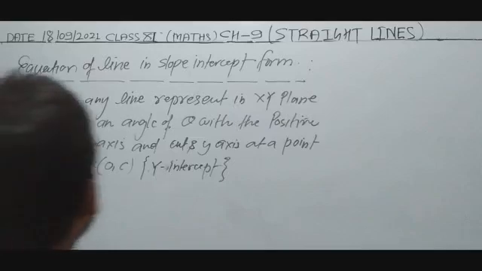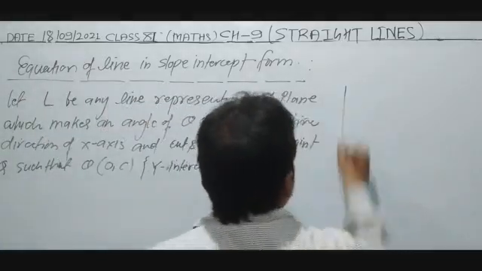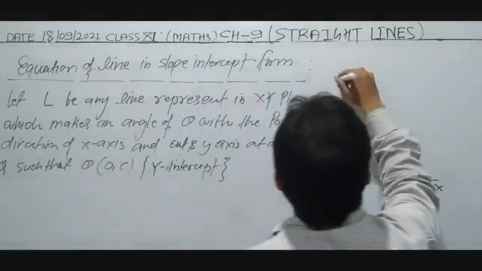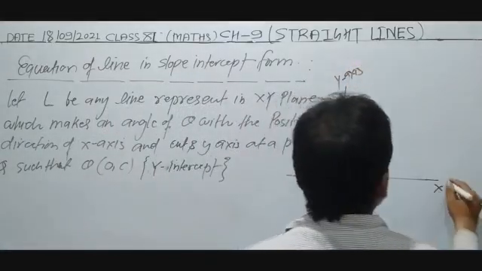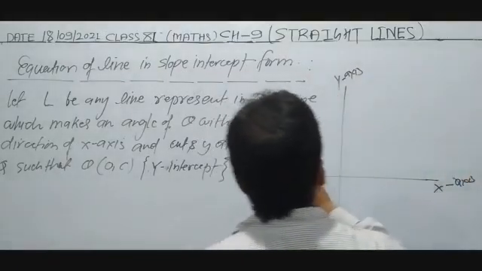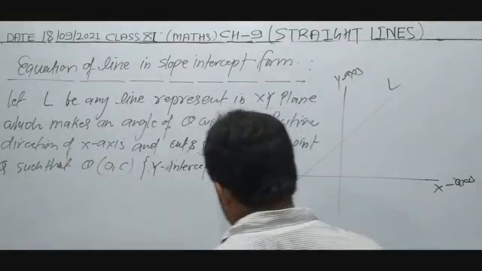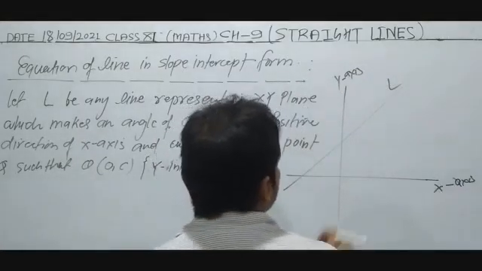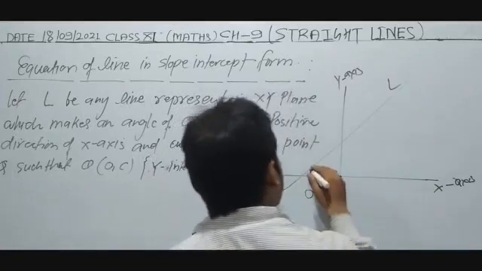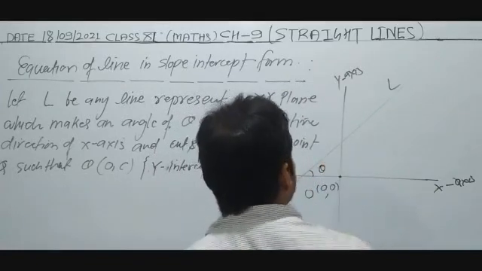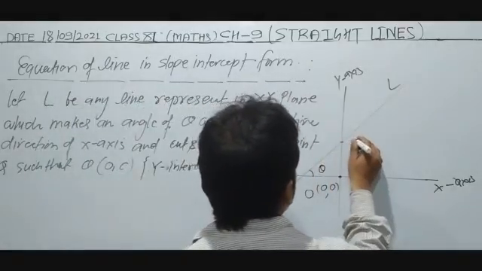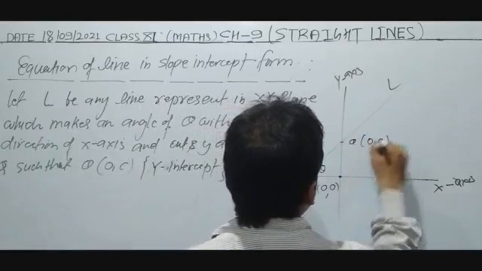Now see, we have considered a line L represented in the Cartesian plane xy, and this line is making an angle theta with the positive direction of x-axis and cuts the y-axis at a point Q having coordinate (0, c).